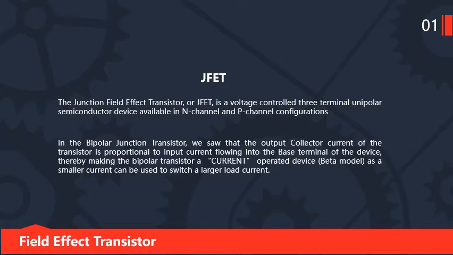In the bipolar junction transistor, we saw that the output collector current of the transistor is proportional to the input current flowing into the base terminal of the device, thereby making the bipolar transistor a current operated device, as a smaller current can be used to switch a large load current.